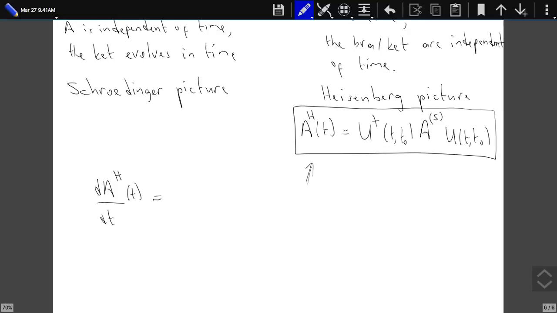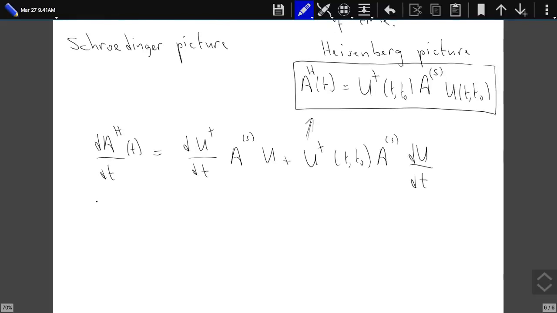Well, this will be equal to, you see, the time dependence is only in the u and the u dagger. So this will be equal to the derivative of u dagger by dt, A S, u plus u dagger t t0, A S, du by dt.